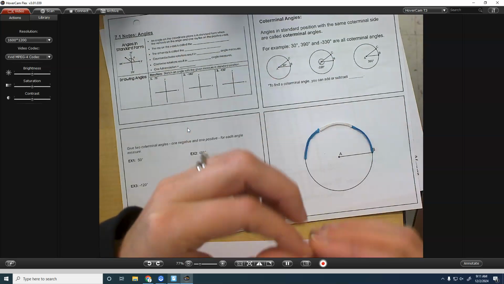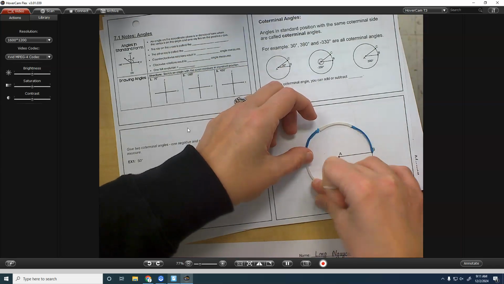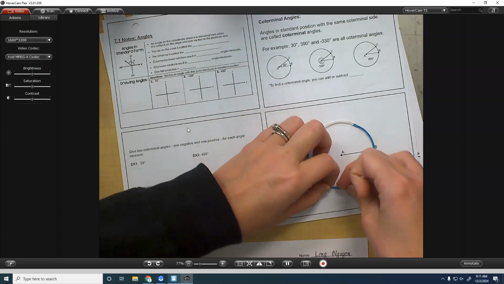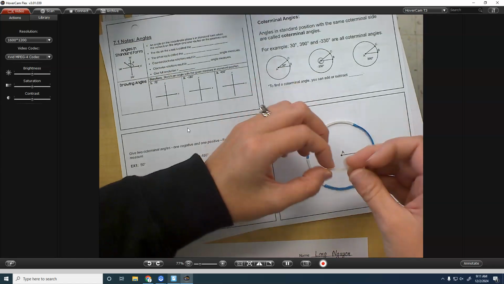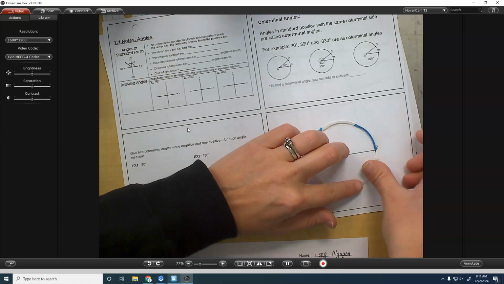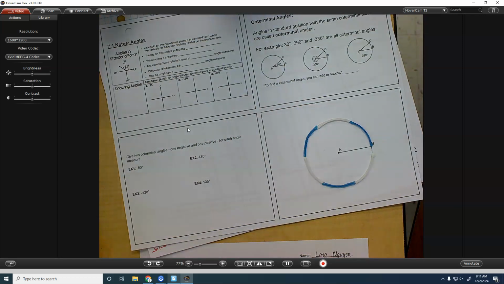Okay, so everybody fix their monkey string around their circle. Like this. See what yours looks like. Go all the way around if you can. Mine came up just a little bit short and I couldn't use another piece. I don't know what y'all's will look like.